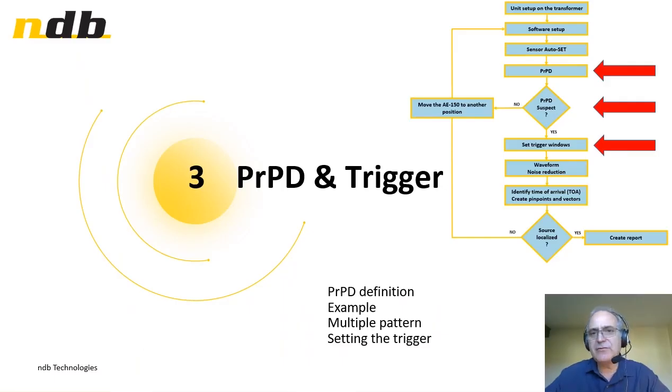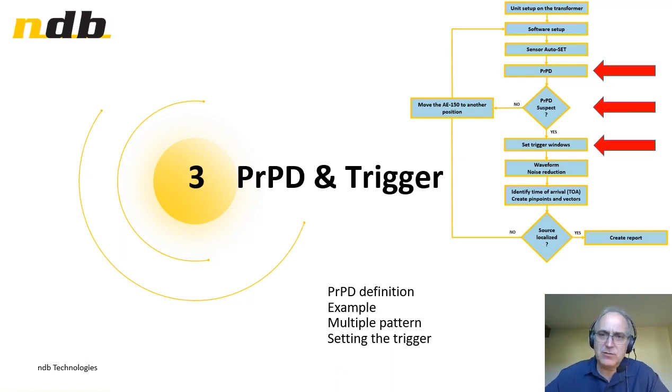So after your software setup, the first thing that you do on site, and I repeat it, the first thing to do on site is to take PRPDs. I will explain what a PRPD is, but the PRPD is a tool for you to analyze the activity.